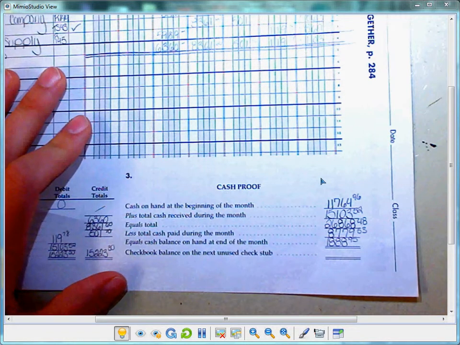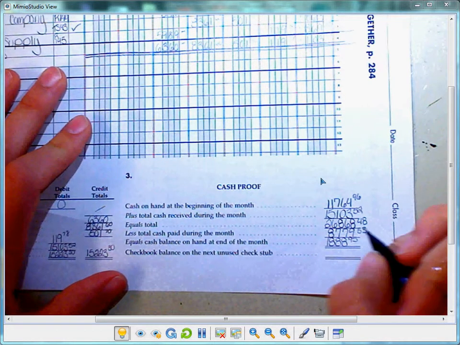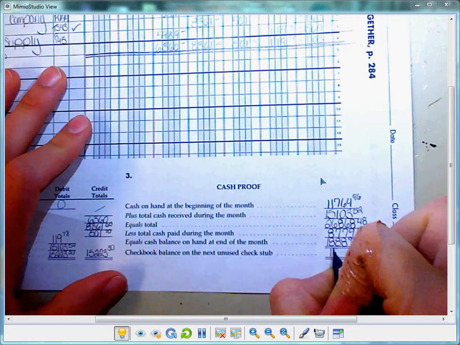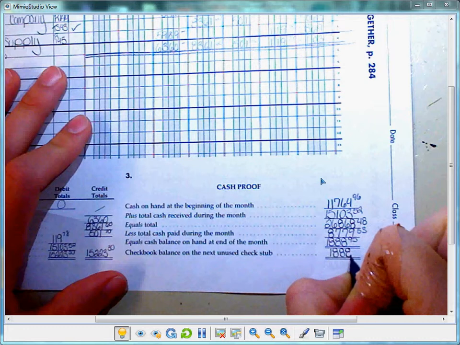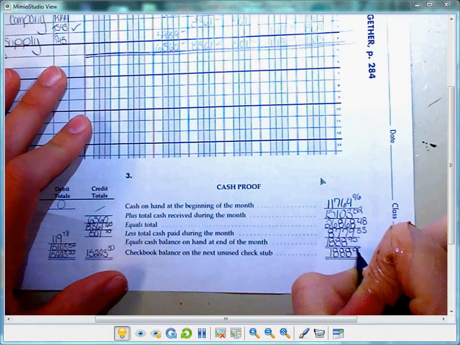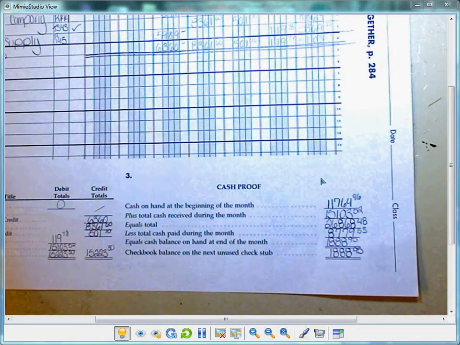And then they told us that our checkbook balance was $18,088.95. So if your last two numbers there match, then that means you did things correctly.